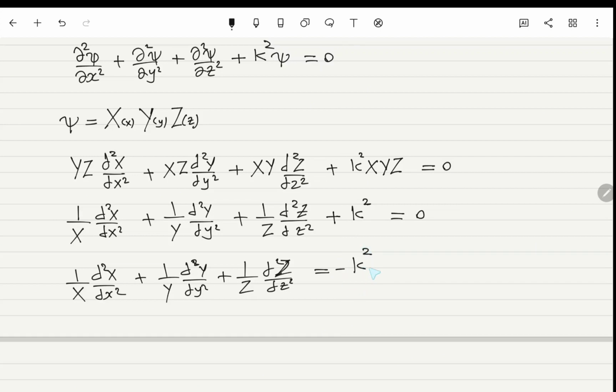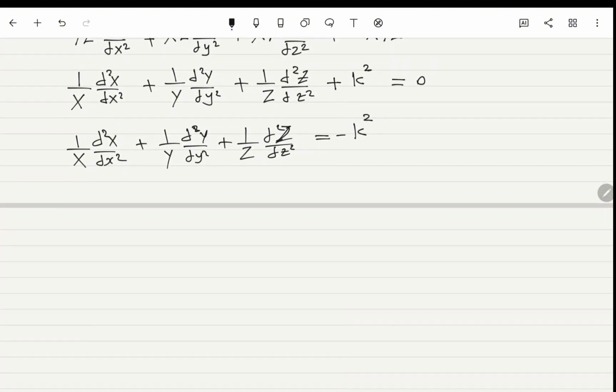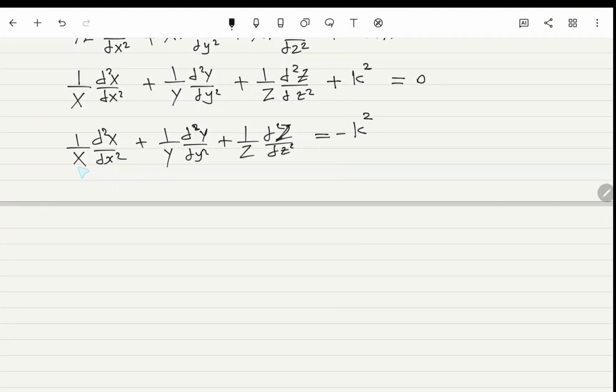And remember, k here is constant. But the good thing here is this part is independent of this and independent of this. Therefore, each part of this equation is equal to constant.